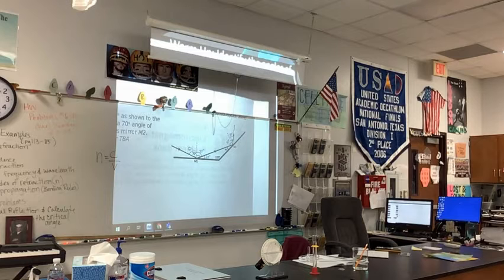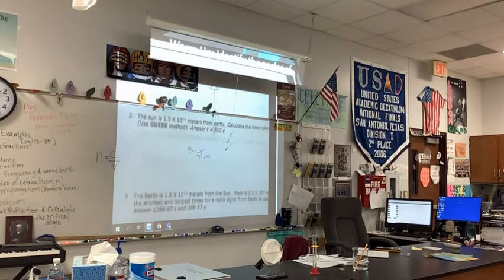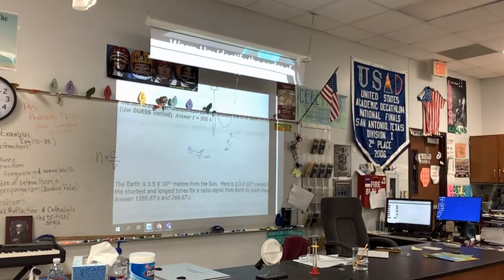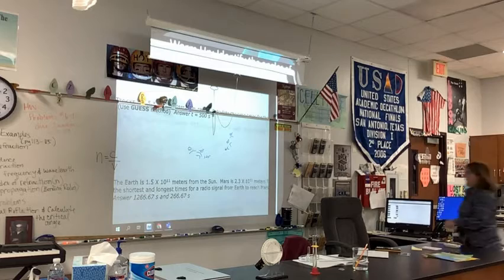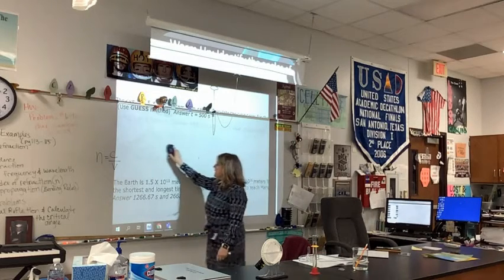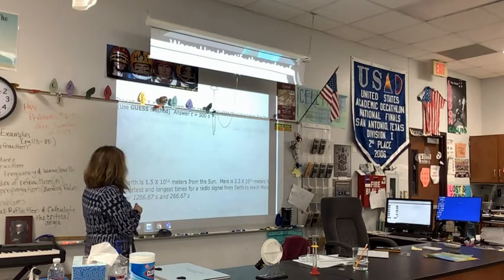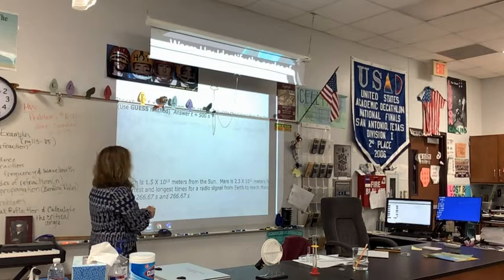Number 3, sure. Number 3 talks about Earth and Mars, and it gives you the distance from the sun to each of the planets. And then it asks you how much time it would take a radio signal to reach Earth from Mars, so the longest and shortest times.